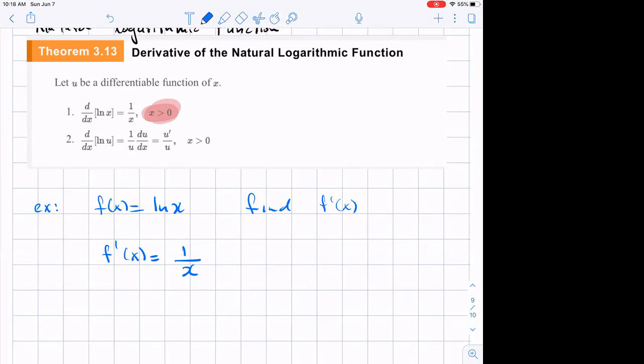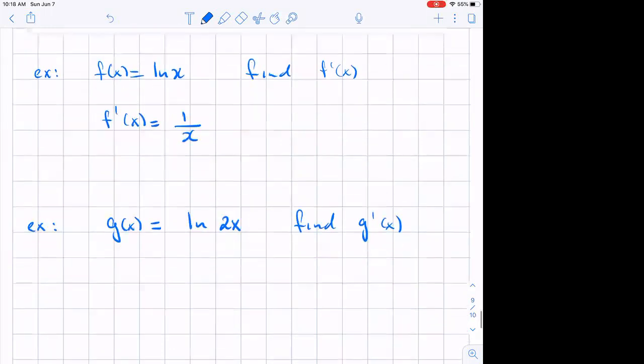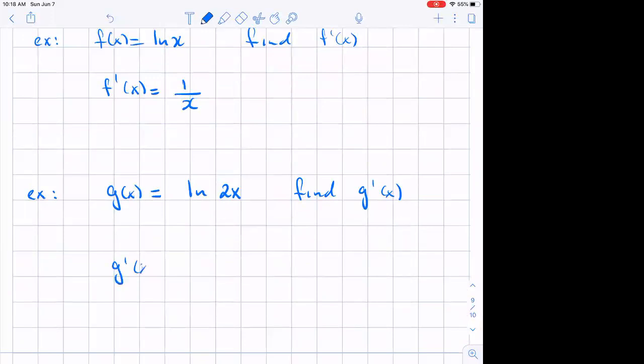Okay. Now, in this example, if I tell you g of x is equal to, let's say, ln of 2x, find g prime of x. Well, g prime of x will be 1 over, not x, it'll be the derivative of 2x, right?